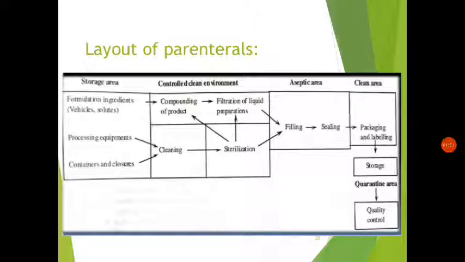Then the equipment and the containers and closures for the final packing are all stored in a storage area. Then there is an area called the controlled clean environmental area, where the compounding of the product, filtration of the liquid, sterilization, and cleaning all take place.